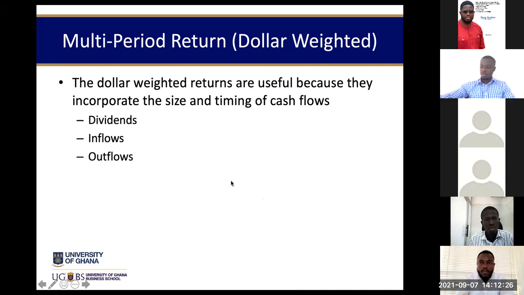For example, for a fund manager, you want to be able to measure your returns after accounting for inflows and outflows as well. Okay, so that's the multi-period dollar return.